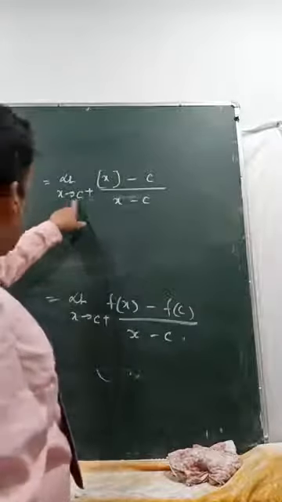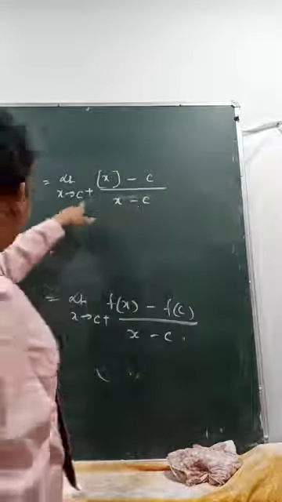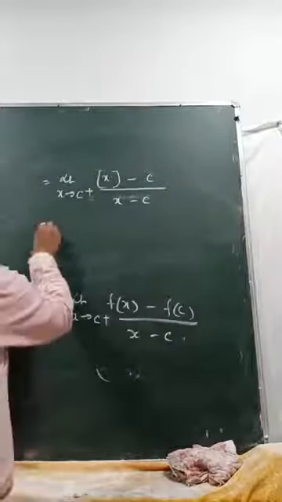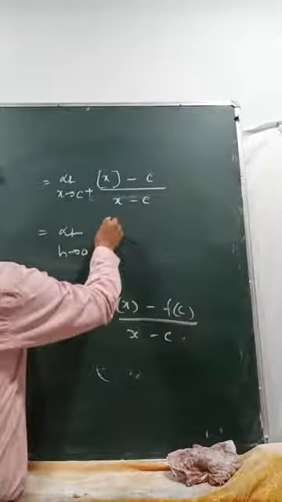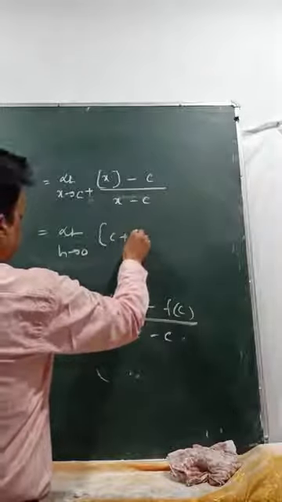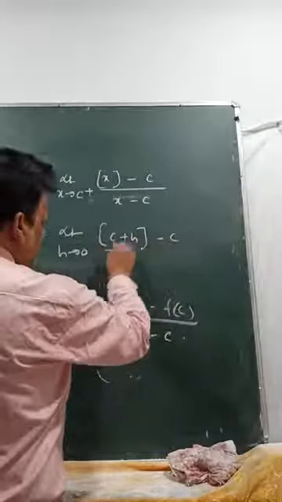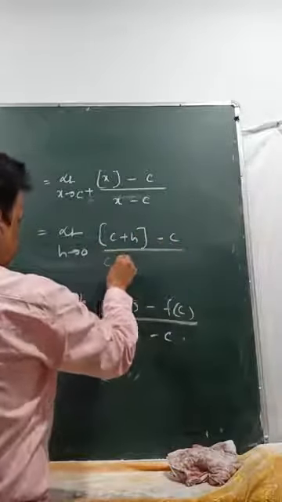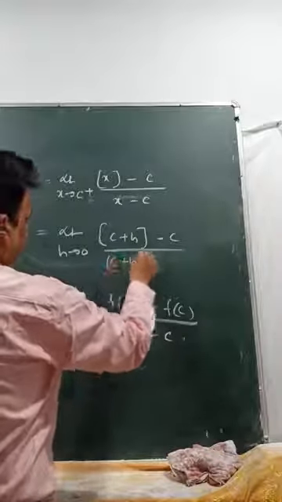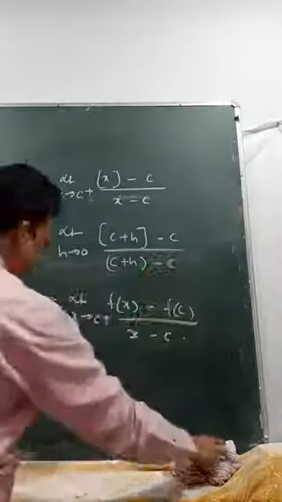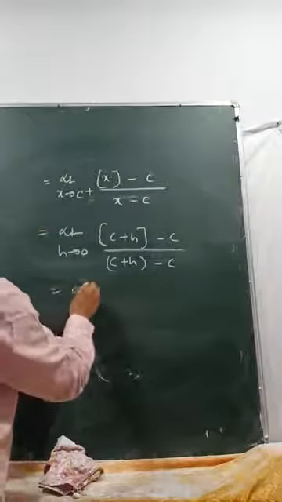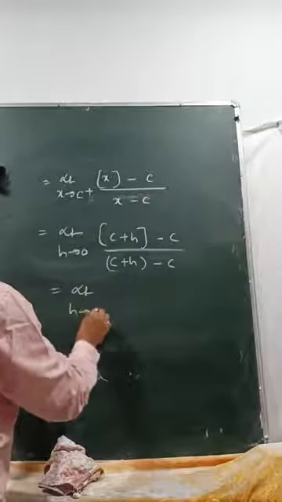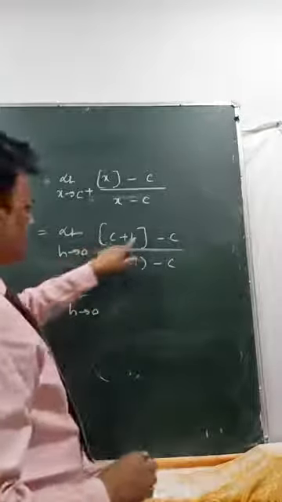We'll change the limit: limit h tends to 0, this becomes box of (c plus h) minus box of c, by (c plus h) minus c.